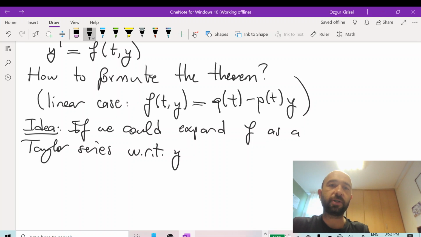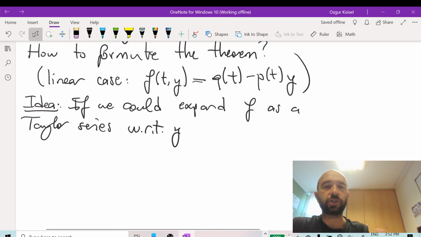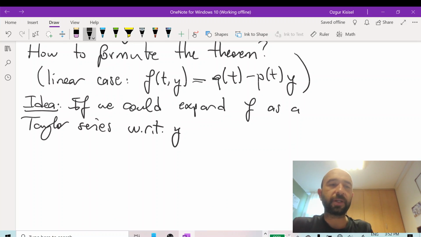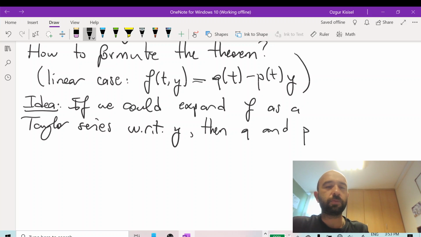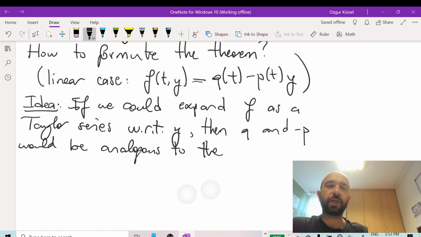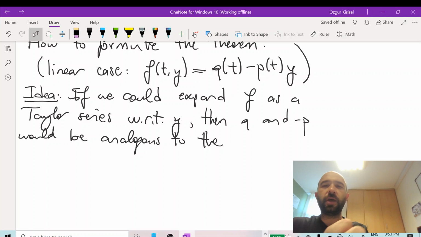It's a two-variable function, but I fix one of the variables and expand with respect to the other. If we could expand, then in the linear case, q and minus p would be analogous to the first two coefficients in the Taylor series, the constant coefficient and the y coefficient.